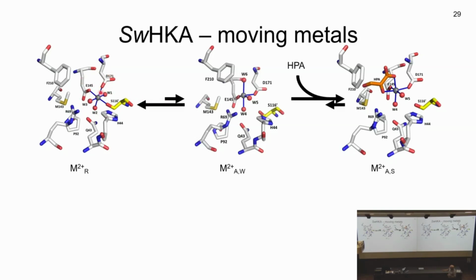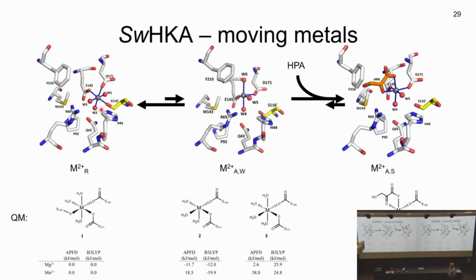And we set this as 0. And what you can then see is that this transition state, or this movement, does make sense. This is a bit more stable, while if it's hexa-coordinated, it is less stable. And this is indeed the most stable state for the metal, so coordinated with the dihydroxyacetone phosphate or with the hydroxypyruvate.